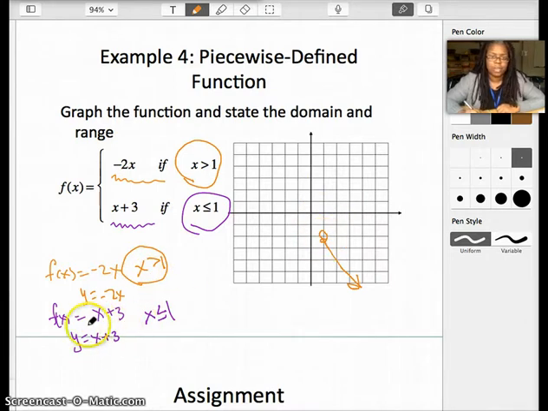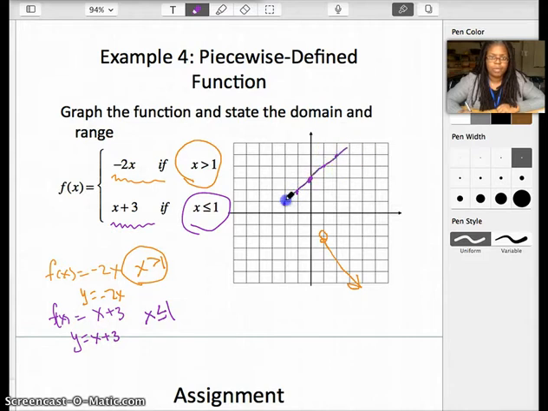Now I'm going to go back and think about this equation. Let's use my purple pen. For x plus 3, we know that the y-intercept would be 3, which is right here. And we know that the rise over run is up 1 over 1, or back 1, down 1, back 1, down 1, back 1. So here's my beautiful line.